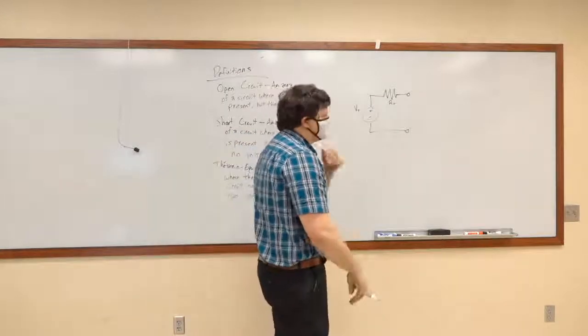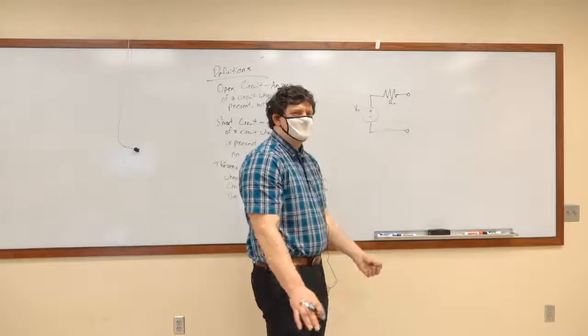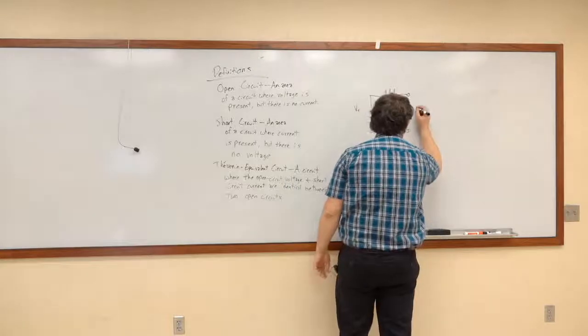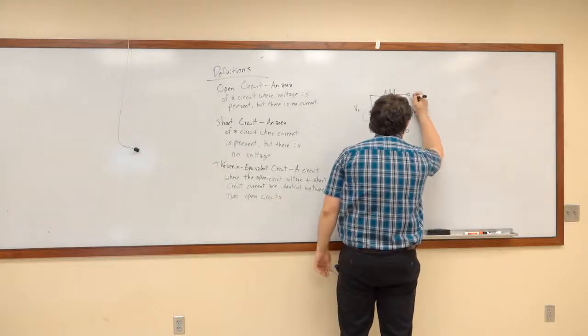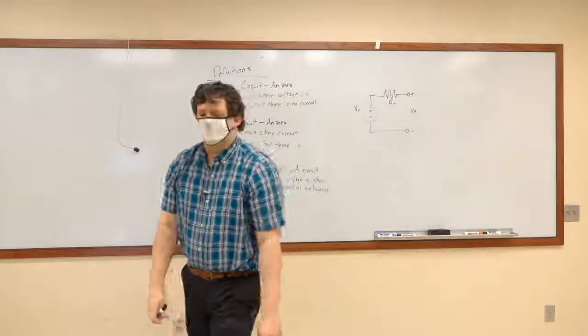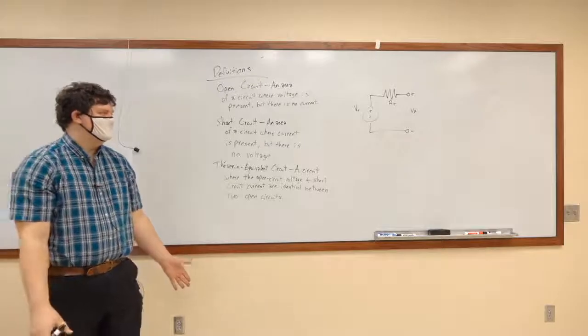All right, so let's just play around with this system quickly to understand it a little better. Okay, so first of all, as it stands, this circuit has an open circuit voltage of VA, okay?